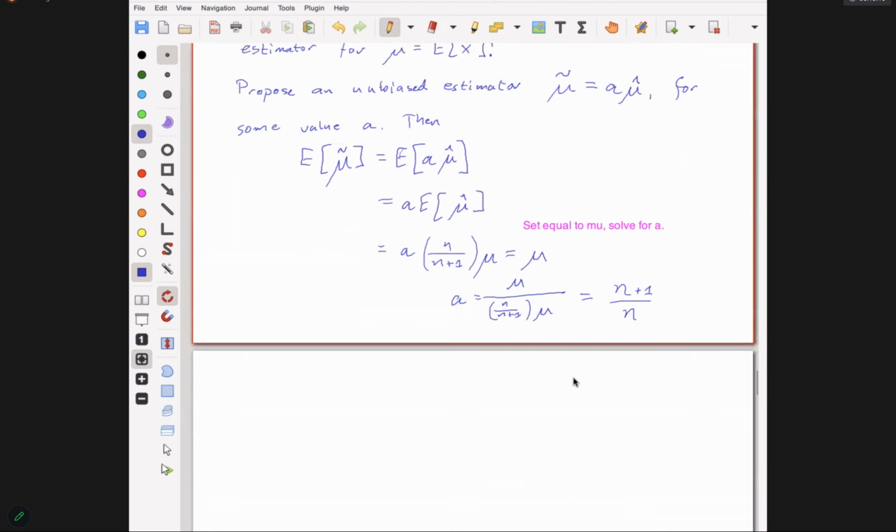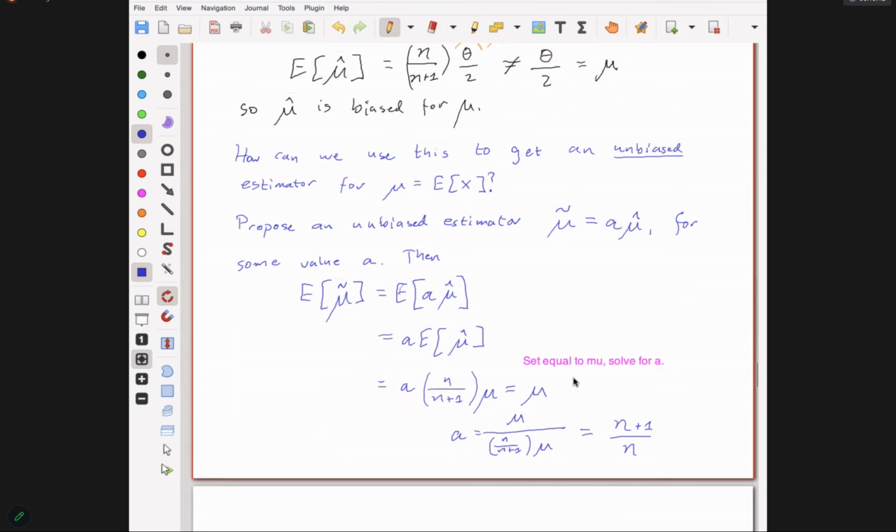Okay, and so then what is our estimator mu tilde? No, I'm sorry. Why did you put mu in both places? I see you put two mu there.